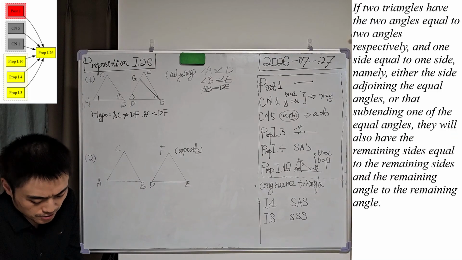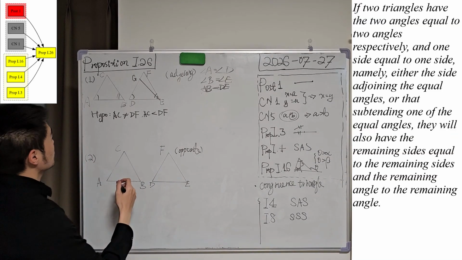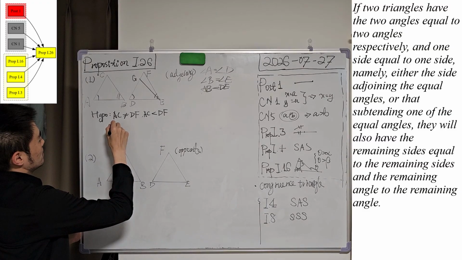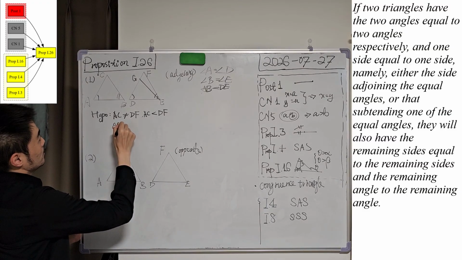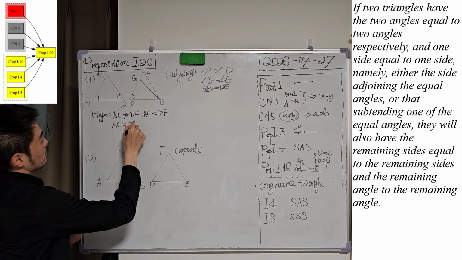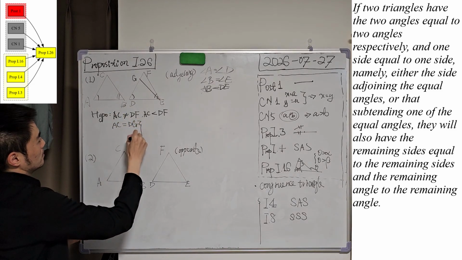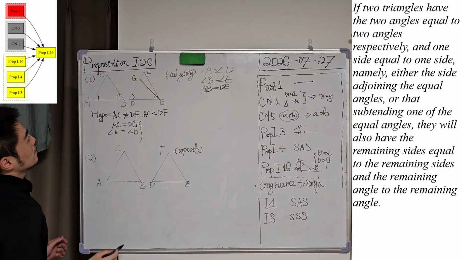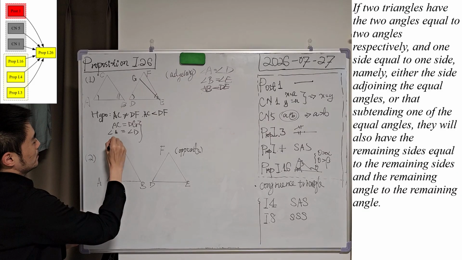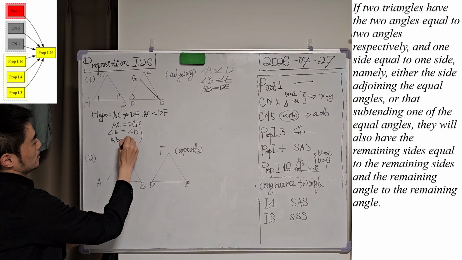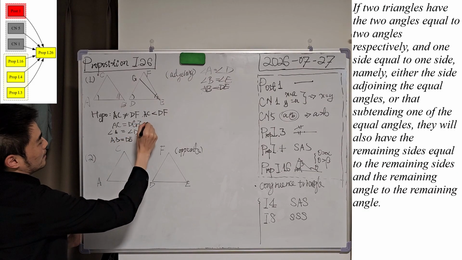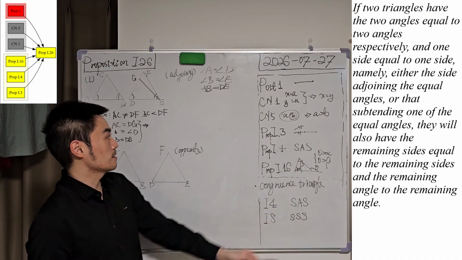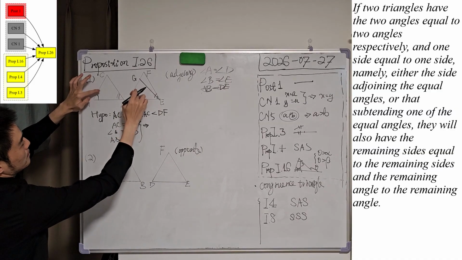We know that AC is equal to DG, and angle A equals angle D, and AB equals DE. Then apply proposition 4, side angle side.